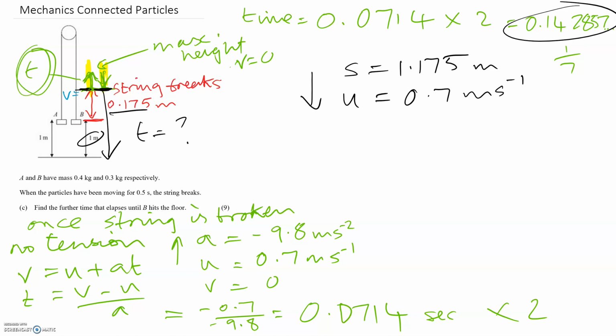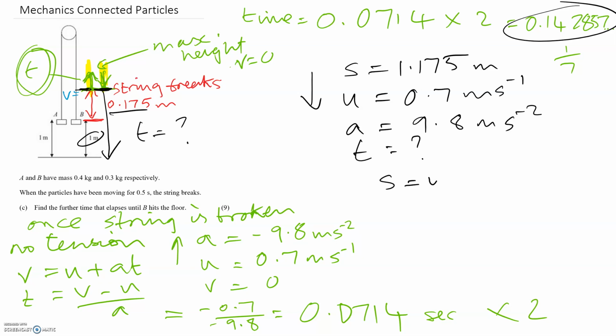So u is 0.7 meters per second and a is 9.8 meters per second squared, because it's the acceleration due to gravity, and that's going down. And the time is what we're trying to find out.